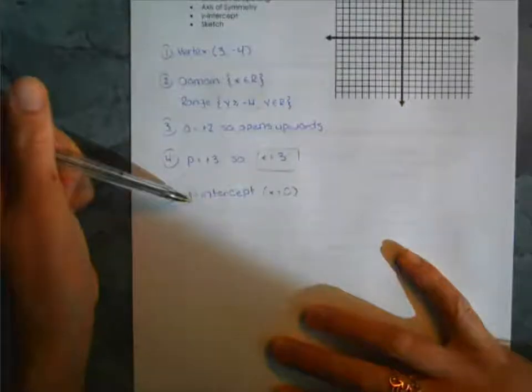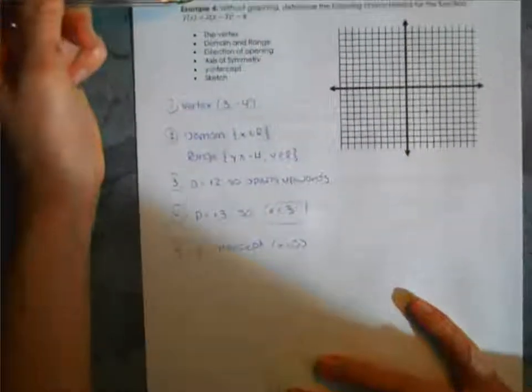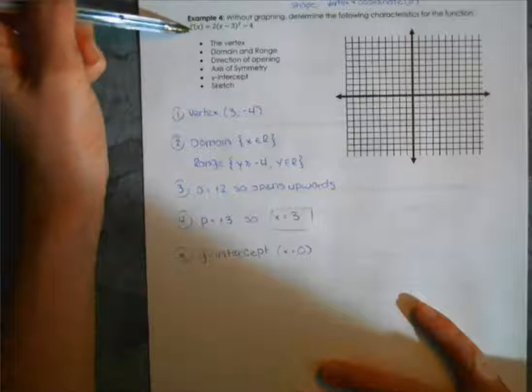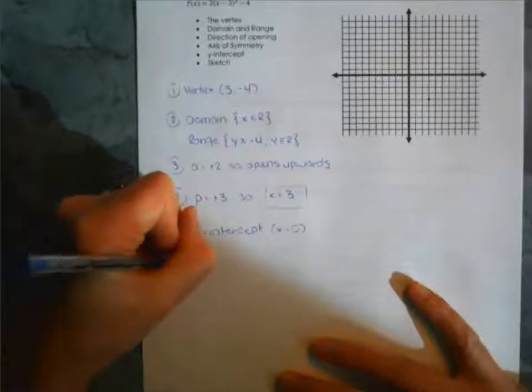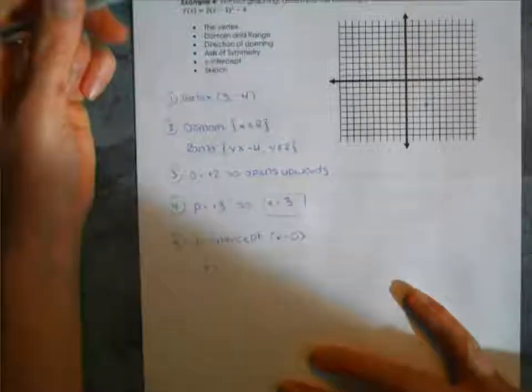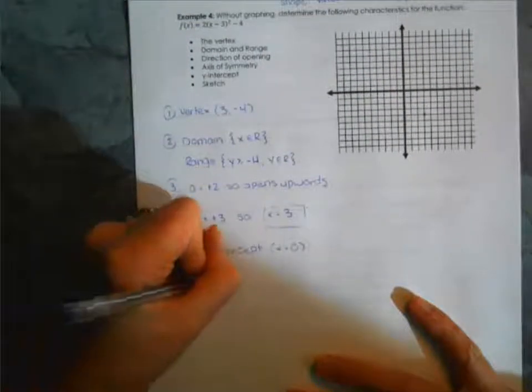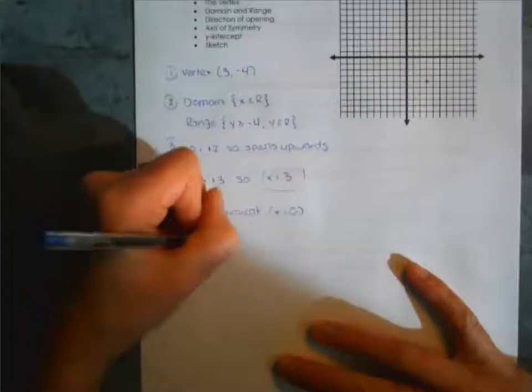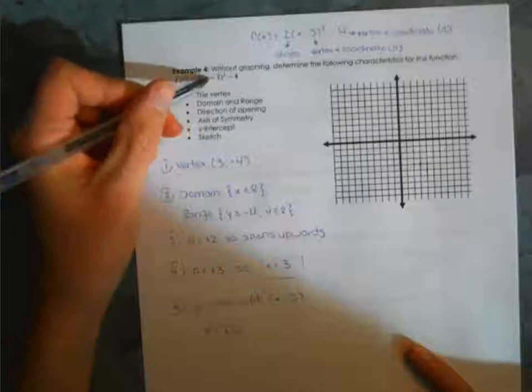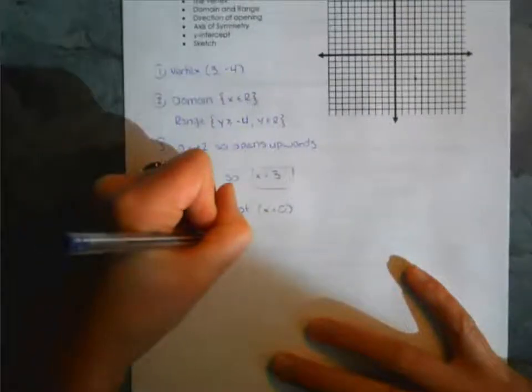So if you want to solve for it, you can basically just take your equation, because f of x is also y, right? So we can say y is going to be equal to 2 times, in this case we're saying x is going to be equal to 0, and then -3 squared, -4.